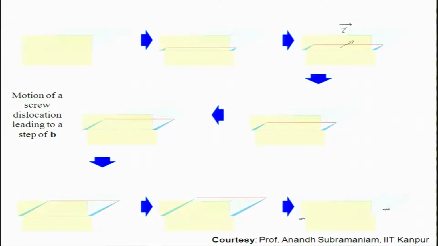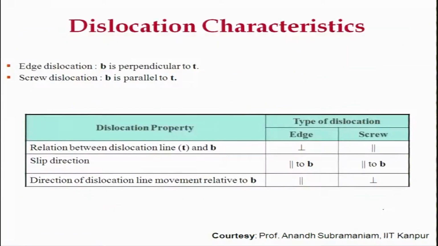So this is sort of the summary of the two dislocations. In edge dislocation, B is perpendicular to T. In screw dislocation, B is parallel to T. The relationship between line vector and Burgers vector is, in edge dislocation it is perpendicular, in the screw dislocation it is parallel, so B and T are perpendicular to each other in edge dislocation, whereas B and T are parallel in screw dislocation.